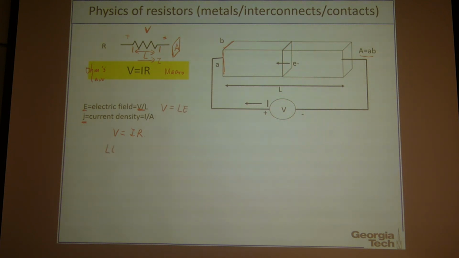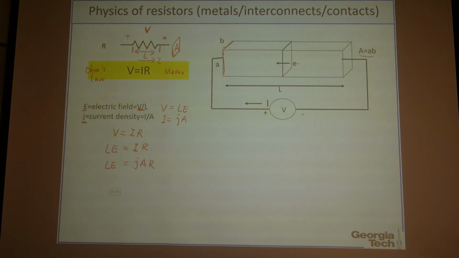So you have LE equals IR. And then I is also J times A. Plugging that in, you will have LE equals JAR.